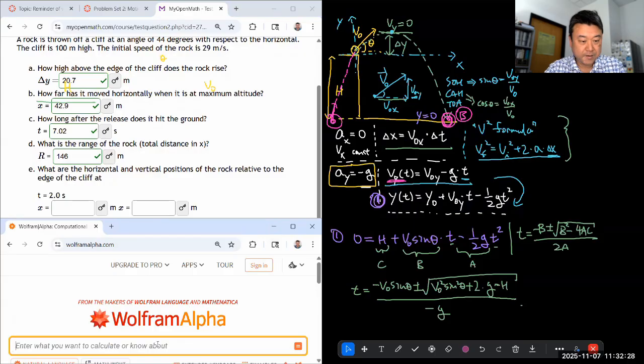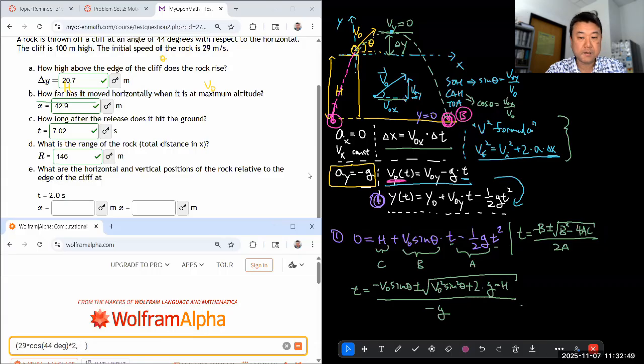The way I'm going to do this is as a tuple calculation. The first element of the tuple will be the x position. So v naught x, that will be 29 meters per second times cosine of 44 degrees times the time. They gave us 2 seconds in basic SI units. That's my x.